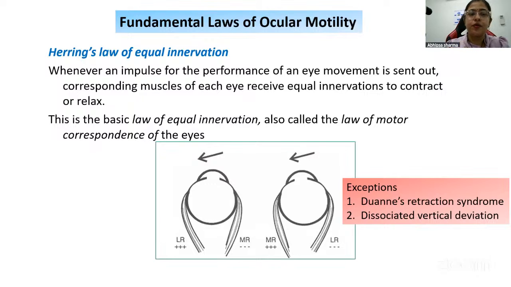This is the basic law of equal innervation, and it is also known as the law of motor correspondence. Again, the exceptions are Duane's retraction syndrome, in which the medial and lateral rectus can co-contract, and dissociated vertical deviation, in which the eye will move upwards and outwards, but the other eye will remain straight.